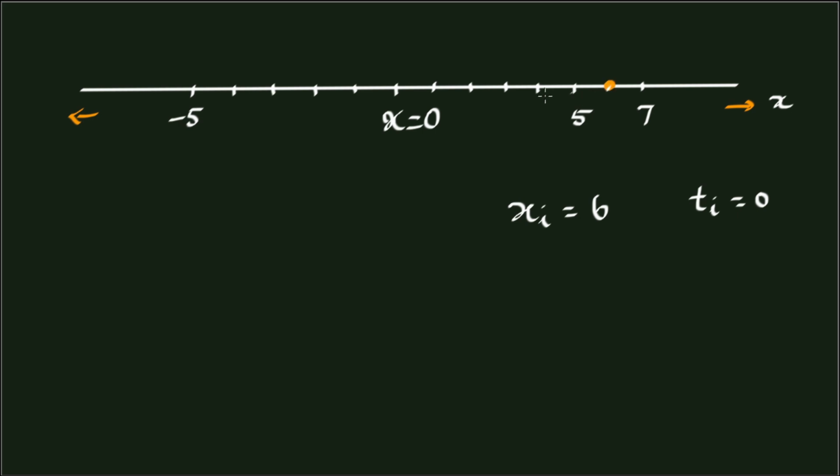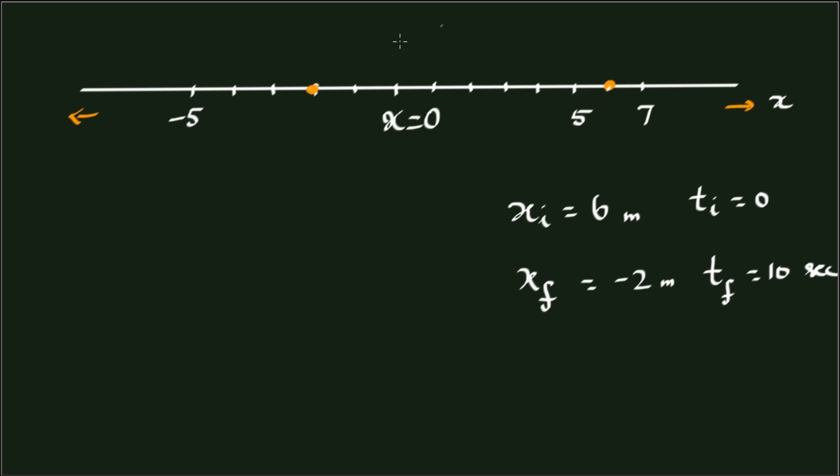Let's say it runs to the left and then back to the right all the way to x equal to 29 or whatever, and finally comes back and stops at x equal to -2. So x final is -2, and let's say this entire motion took 10 seconds. Time is measured in seconds and the position is measured in meters.